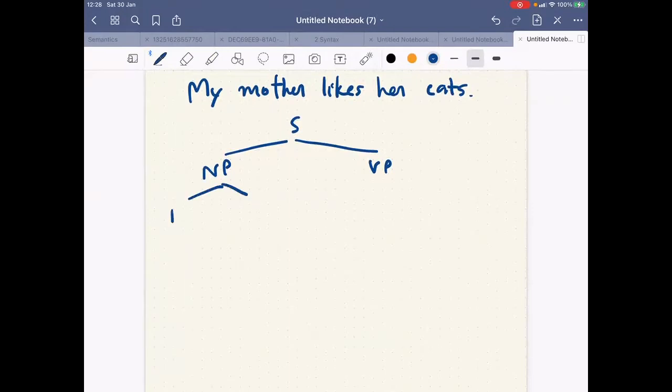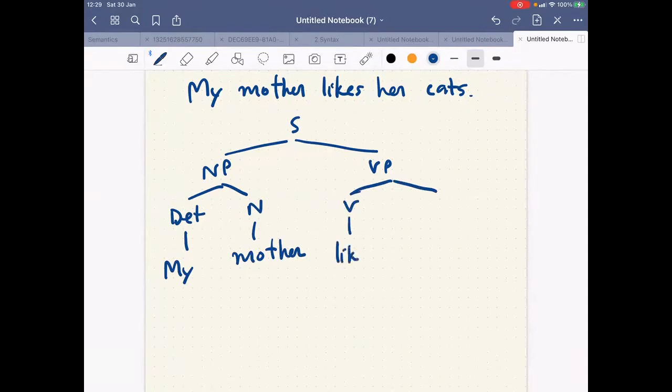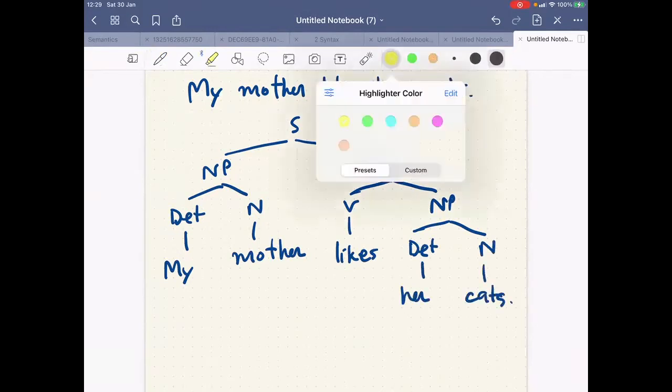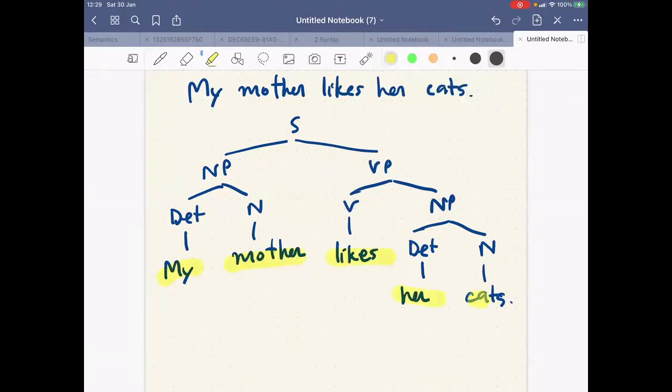The NP will have two branches, the determiner and noun. The determiner is my and the noun is mother. The VP will have two branches as well, which is for the verb likes and for the NP, her cats, where I have two branches, the determiner and noun for her and cats. So my mother likes her cats.